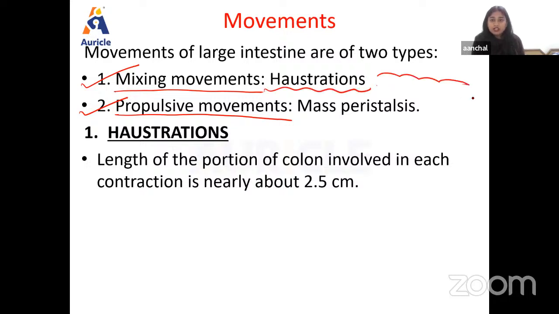If this is the large intestine, the food will move to and fro so that there will be mixing of the food with the juices. And the propulsive movement means there will be forward motility of the food in the anterograde direction.